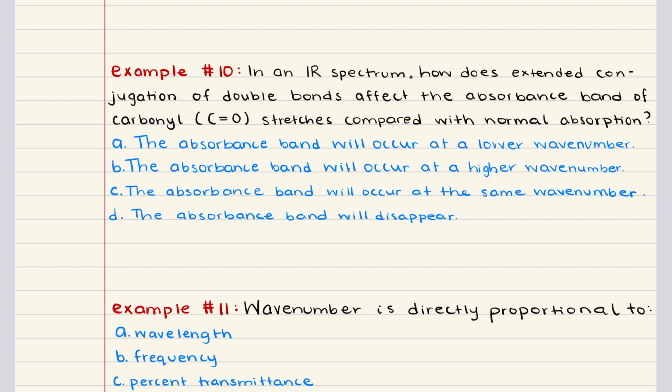And in IR spectroscopy, lower energy means lower wave number. So instead of seeing that carbonyl stretch around 1700 to 1750 wave numbers, you might see it closer to 1680 wave numbers in a conjugated system. That's why the correct answer choice here is A.